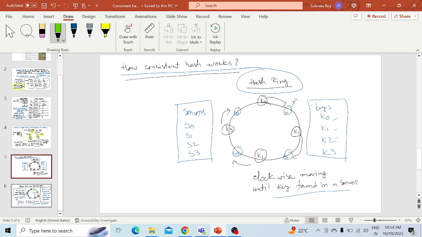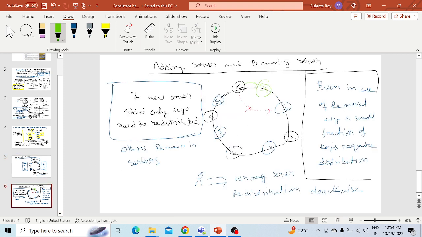Now think about a scenario where I need to remove server 0. Suppose I have removed that server 0, and for that purpose I do not have to do any other redistribution, right? My K1, K2, K3 are all there. I do not have to worry.